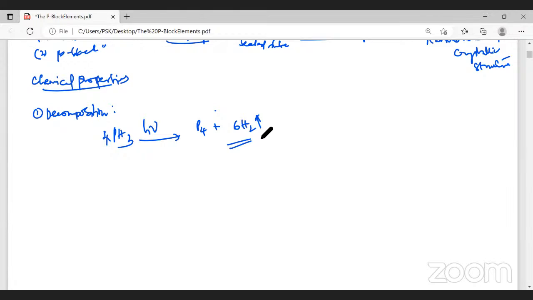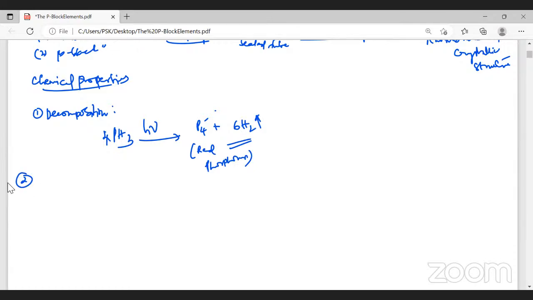When we expose phosphine to sunlight, it decomposes to give not white phosphorus, it gives red phosphorus, a polymeric chain of P4, liberating hydrogen gas. This is the first reaction.